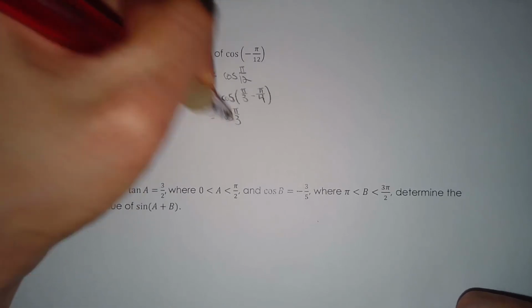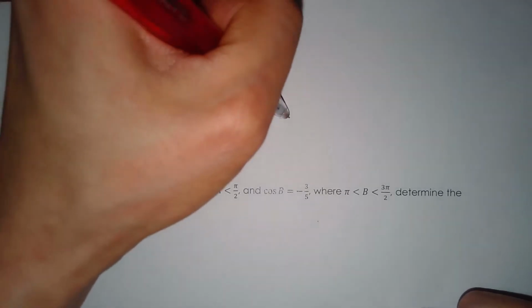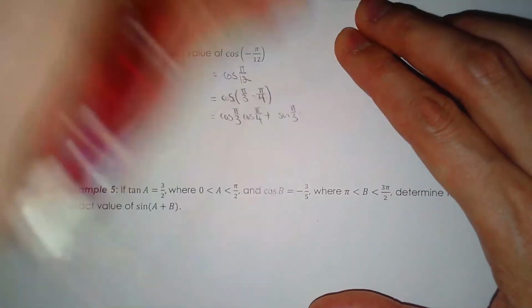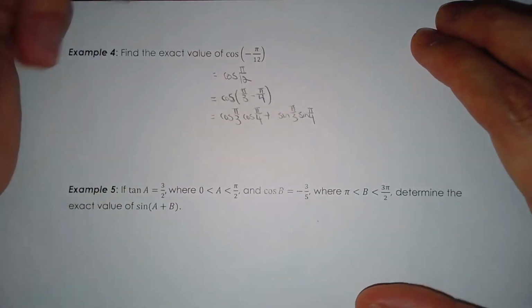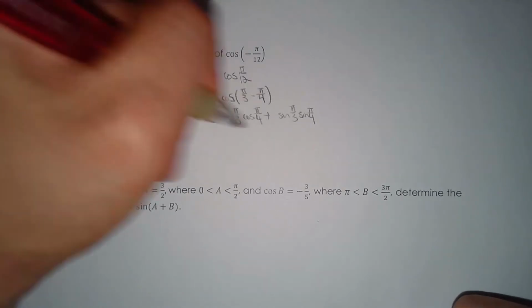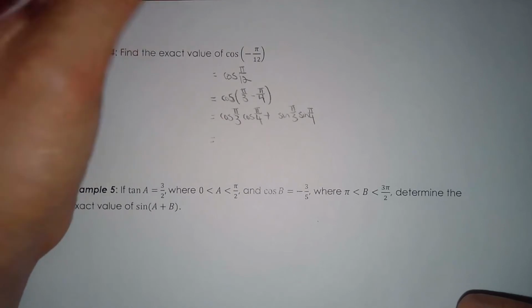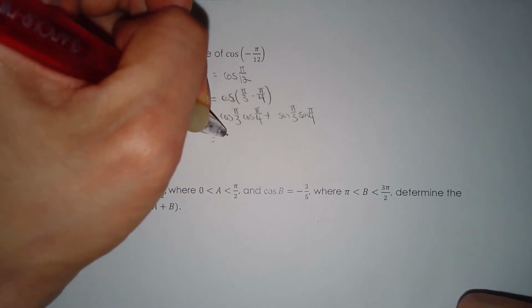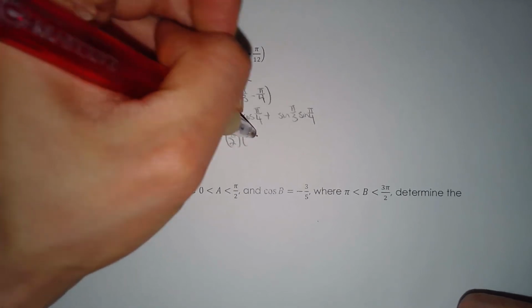So you need to know the subtraction formula for cosine. Oops, that should be sine of pi over 4. Sine of pi over 4. Okay, so that's the formula part. And now this is the special angles. So cos of pi over 3 is 1/2, cos of pi over 4 is root 2 over 2.